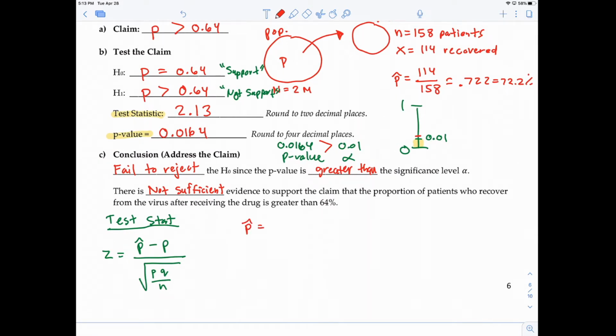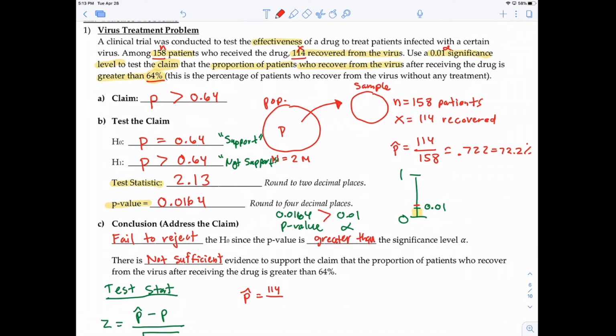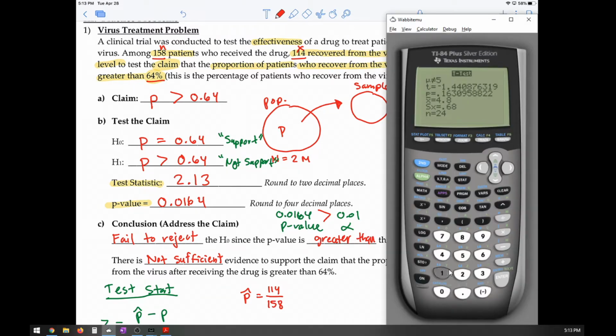So we're going to calculate 114 divided by 158. So p hat is approximately 0.722.